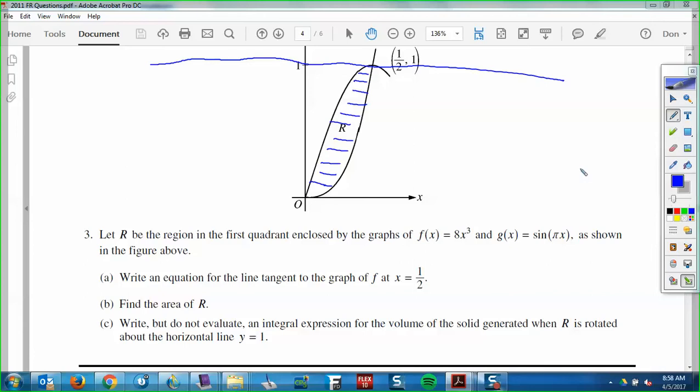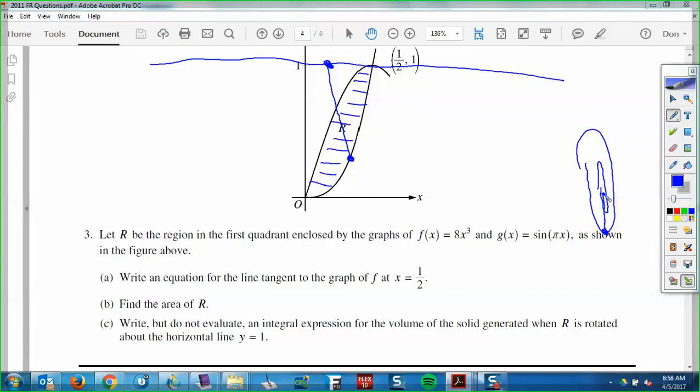Let me make it a little fatter so it's a little easier to see. So here's our axis of revolution coming right through there, right? Big R is going to go down here to our outer edge. So it's going to go from here down to there, right? Isn't that big R?